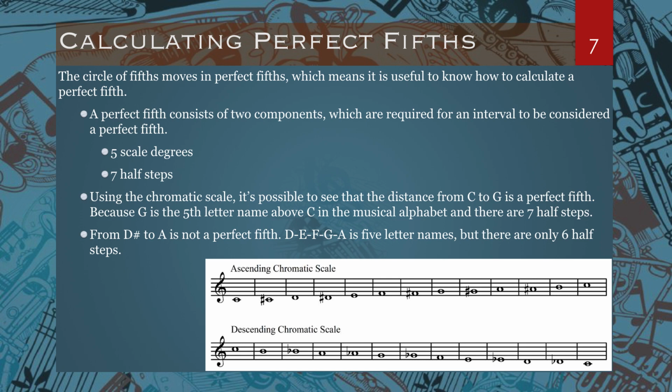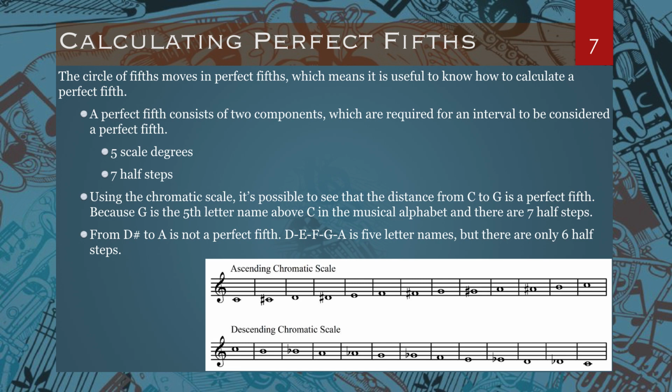Now, this is really important, because if you take C sharp to G sharp as an example, you count up 5 scale degrees from C sharp and you get the note G, and then you count up 7 half steps from C sharp and you get the note G sharp. But enharmonically, A flat is also a G sharp. They sound the same.